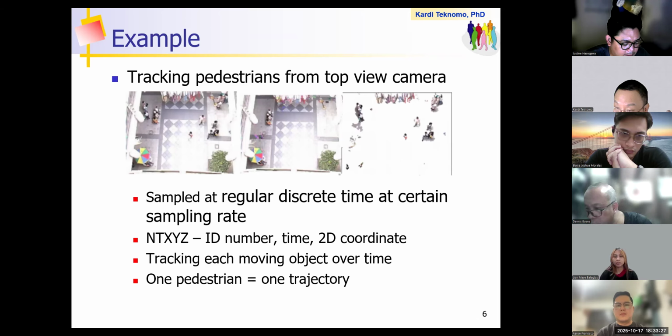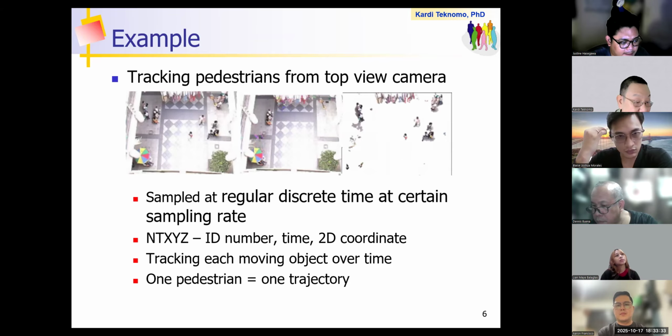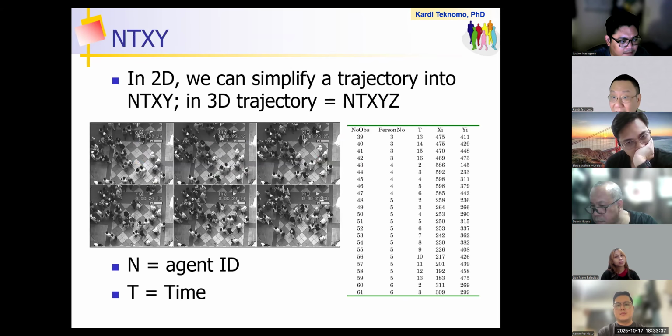Then we track the movement of each pedestrian: one pedestrian, one trajectory. To create that, I put the camera on top, about 6 meters. I needed to go up on the roof of the pedestrian alley and install that camera.